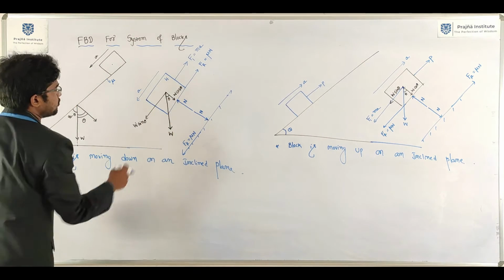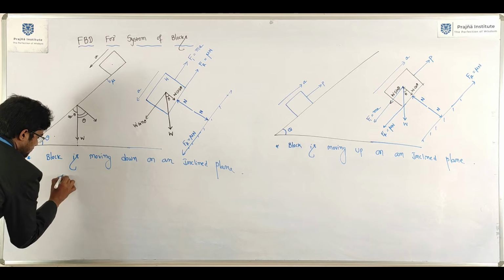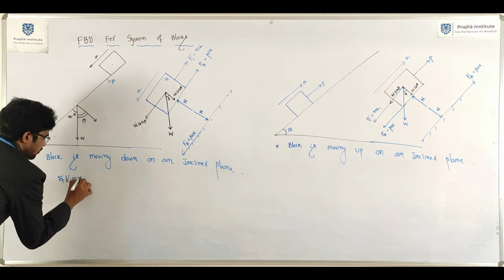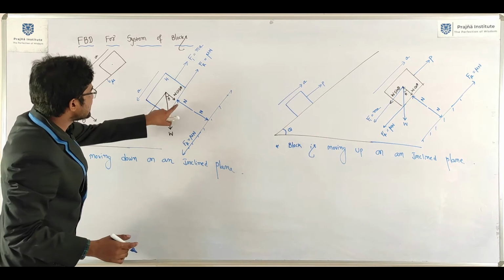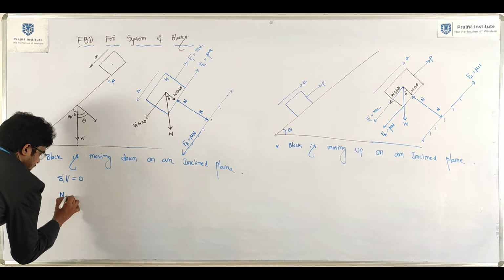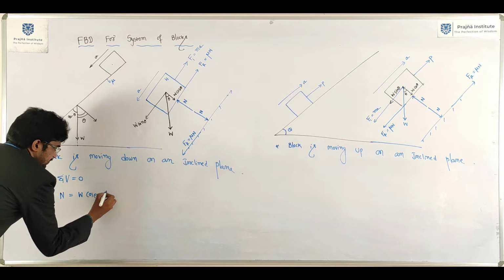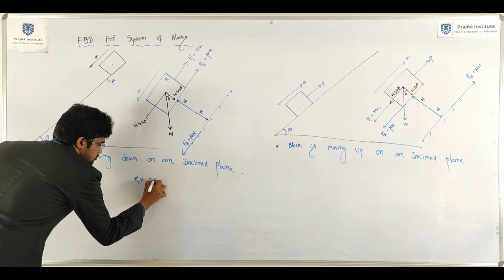Now here this is the free body diagram. Just apply equilibrium equations. Sigma V equals 0, in the sense N equals W cos theta. Sigma H equals 0.